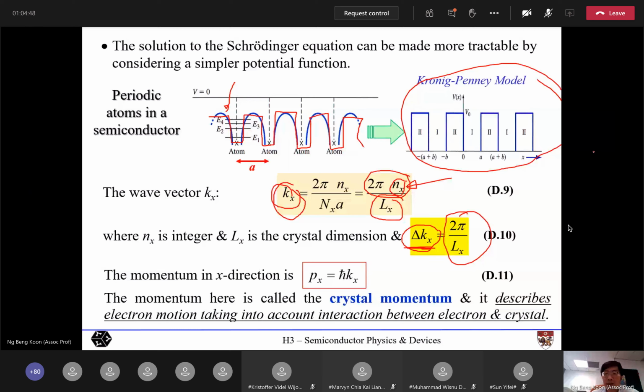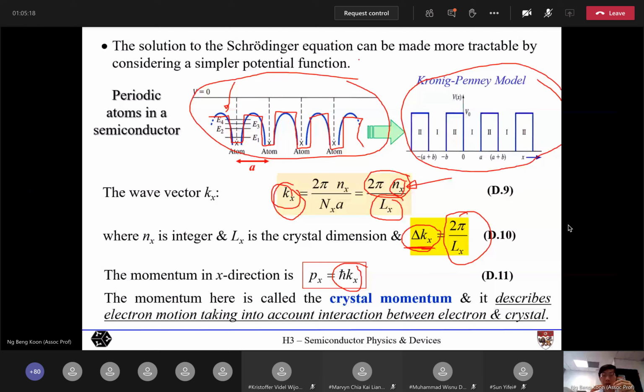Similar to the case of a single atom, the momentum is defined as h bar kx, and this momentum, specifically for an electron in a crystal, we call the crystal momentum. Because in this case, this solution is derived taking into account the influence from the different atoms in a crystal. So it's not like free space anymore, like the previous discussion.